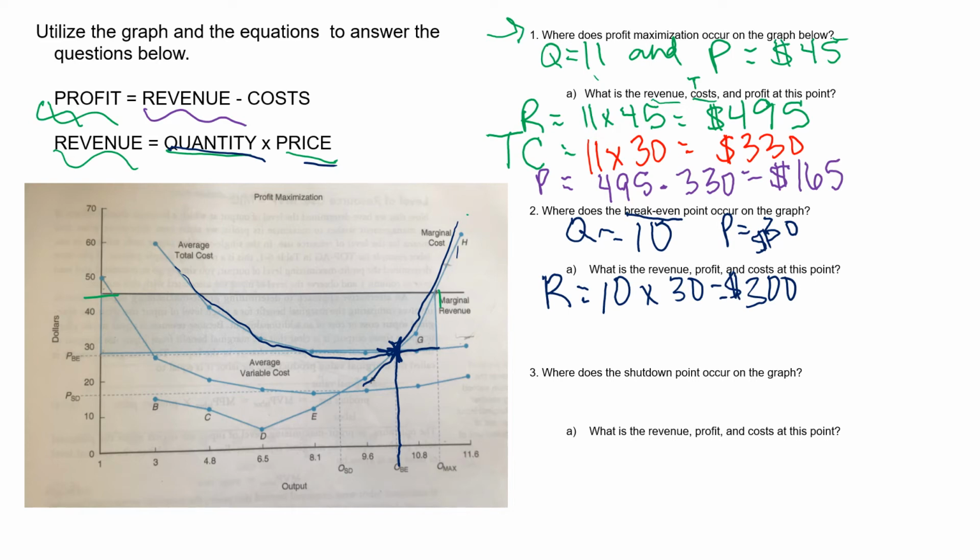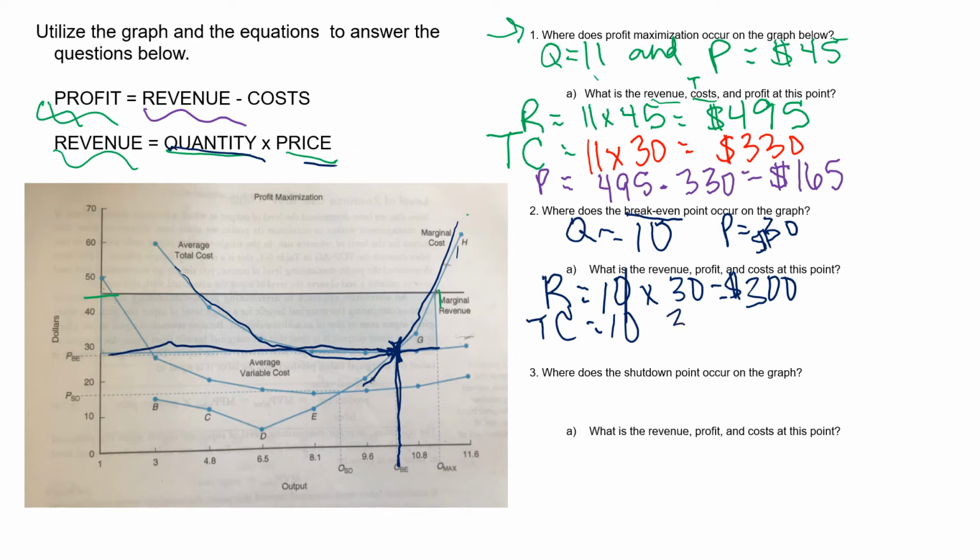Our total costs are going to be the quantity times the cost. So the quantity that we're producing is 10. How much is it costing us? Well, we follow that up to meet the total cost curve.